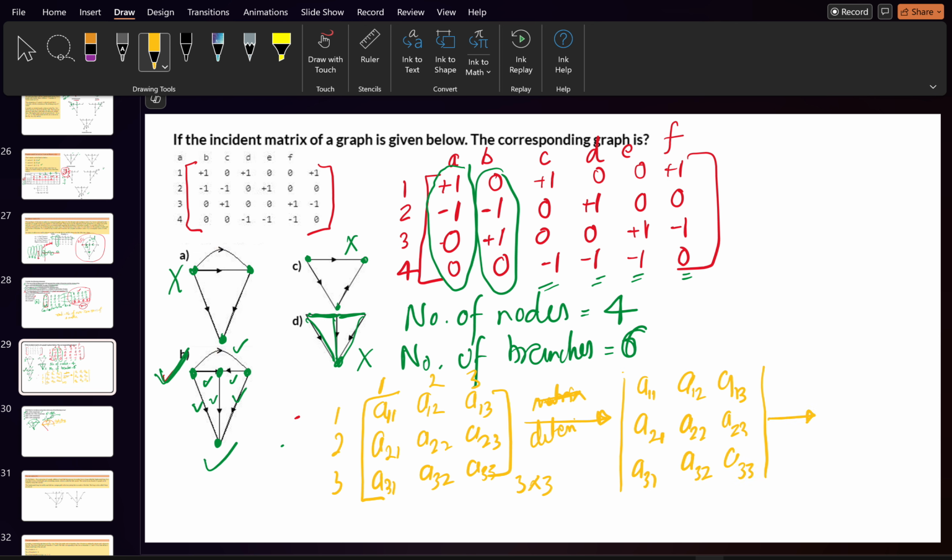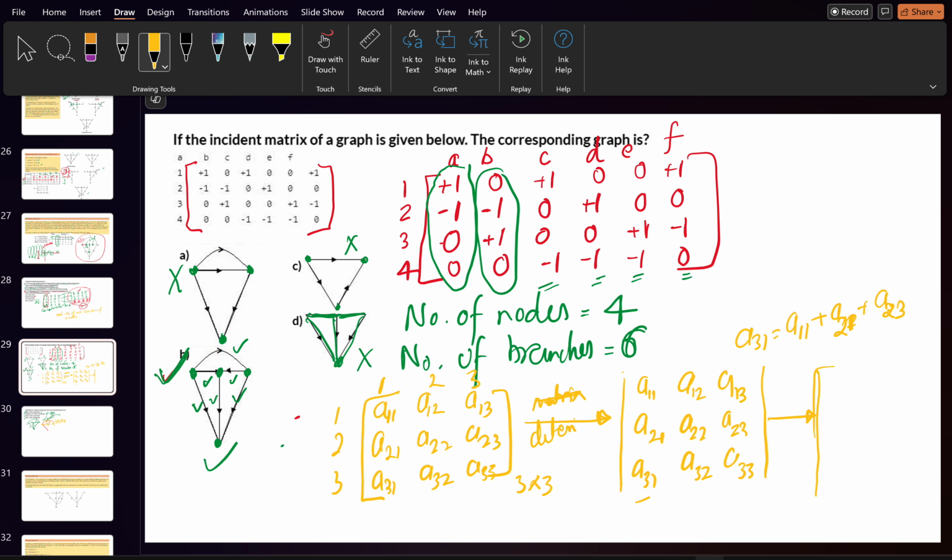In this there is one transformation: one particular row can be written as the summation of all the other rows of that matrix or determinant.